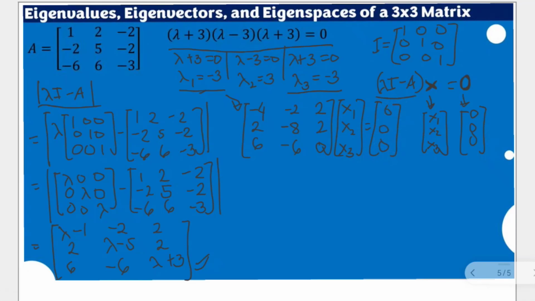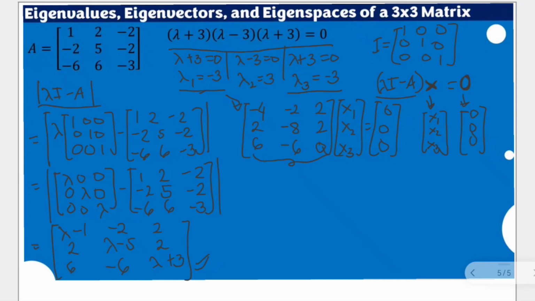Here, the challenge is to come up with the row echelon form of this first, so that we could later look for a strategy where we could connect the values of x sub 1, x sub 2, and x sub 3 to the possibility of having an arbitrary constant or some other variables.